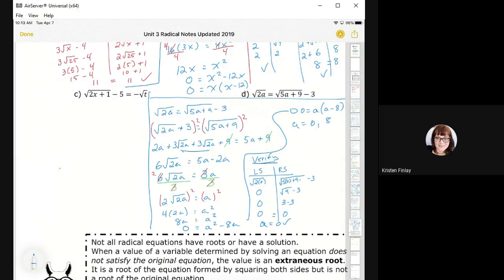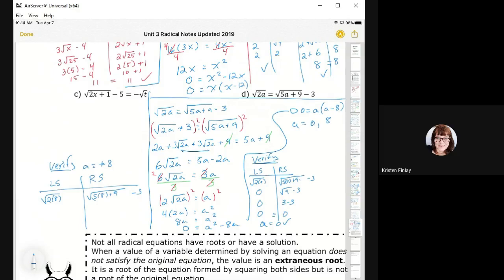And I'm going to verify the other one over on this side just because I need the space. So verifying a equals -8, or sorry, +8, my mistake. So on the left side and on the right side, we have root 2 times 8 on the left side. And on the right side, we have square root 5 times 8 plus 9 minus 3.